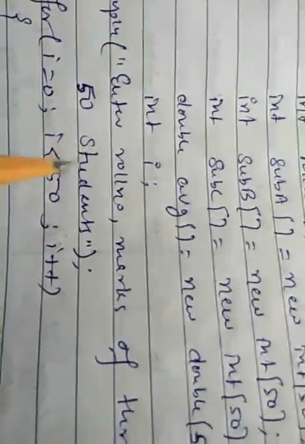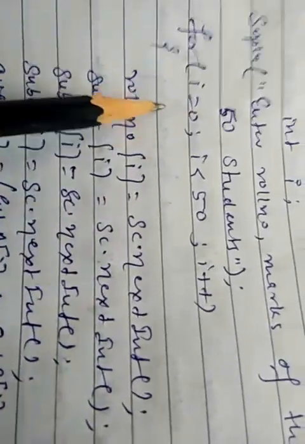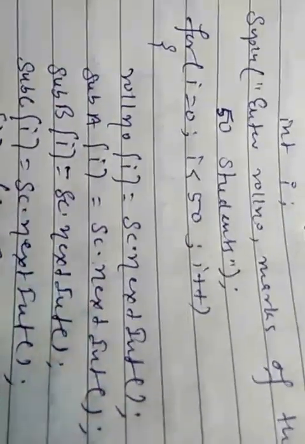So enter the roll number and marks of 3 subjects for 50 students. We are executing a loop from 0 to 50, then i plus plus. The first value will be input in roll number, so sc.nextInt.